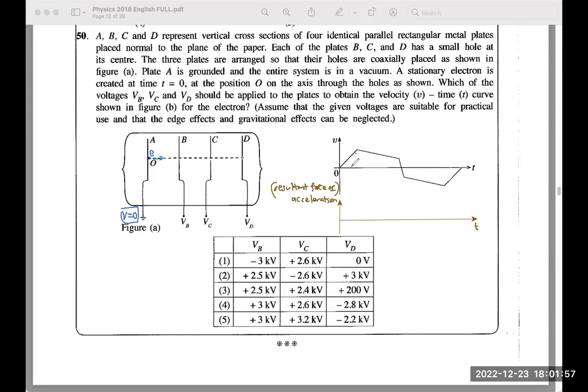So see, the object is initially accelerating at a higher rate, then it is decelerating at a lower rate, then it is decelerating at an extremely high rate, then again it is accelerating in the opposite direction, then again it is decelerating in the opposite direction. So let's try to plot these magnitudes in this graph.